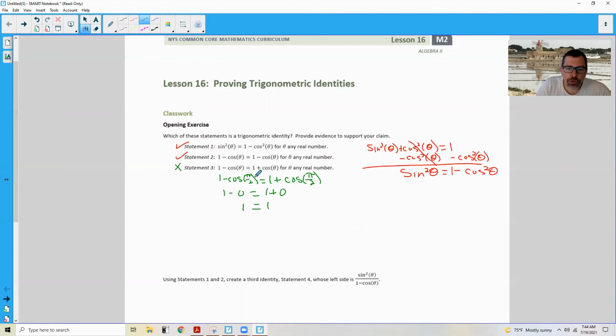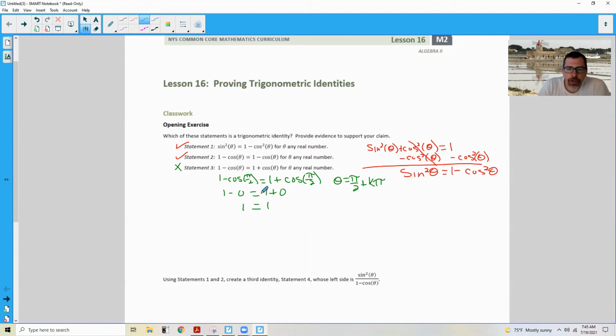So it's true for pi over 2. It'd be true for 3 pi over 2 and 5 pi over 2 and so on. So it can't be for any real number theta. This is only true if theta equals pi over 2 plus some constant k times pi, where k is an integer.